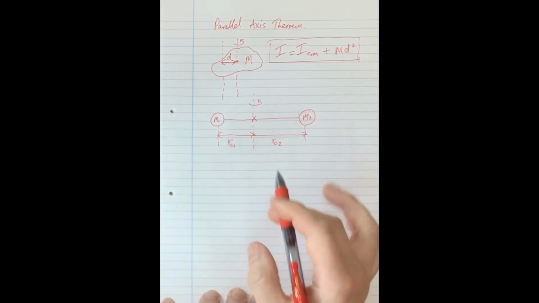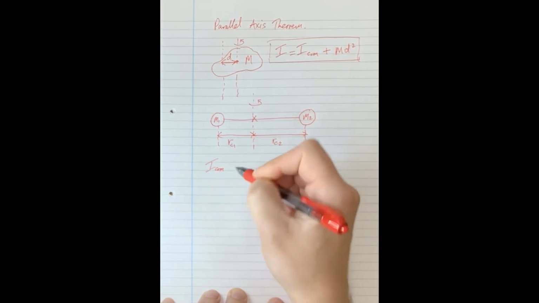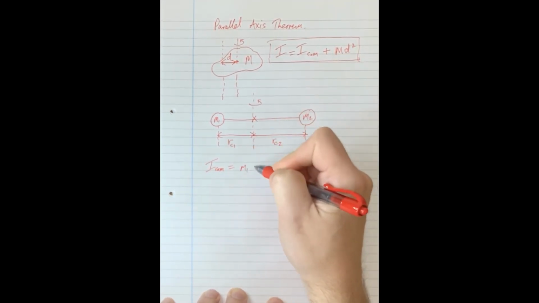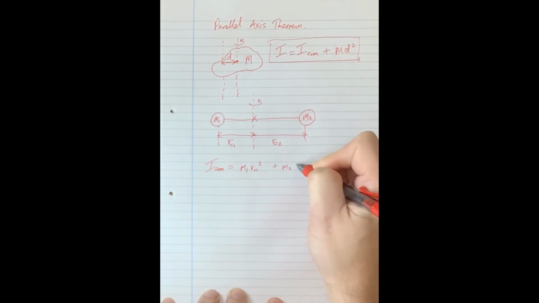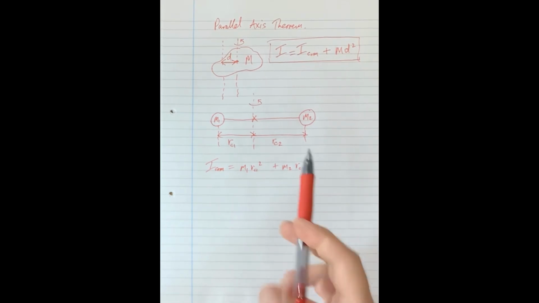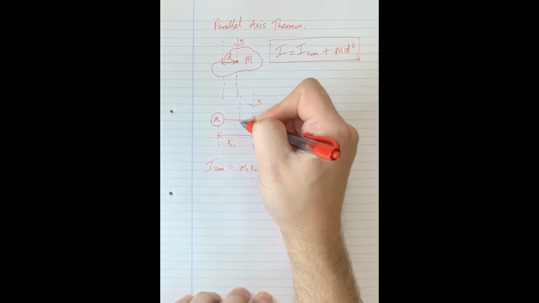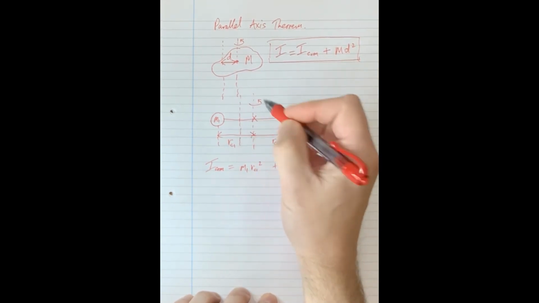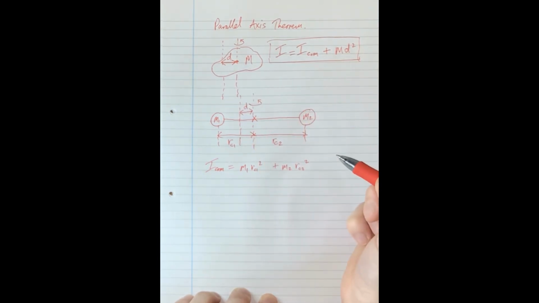So if we were to do that, the moment of inertia about the center of mass would just be M1 RC1 squared plus M2 RC2 squared. But what we've suggested is we could shift the position where we're going to rotate about, and that's going to be shifted by a distance d.